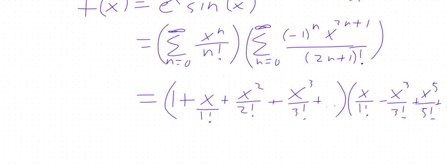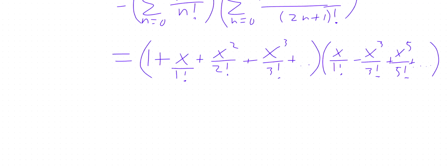It's our multiple distribution type thing. And then you can combine all of your like terms for this and then get a new equation.